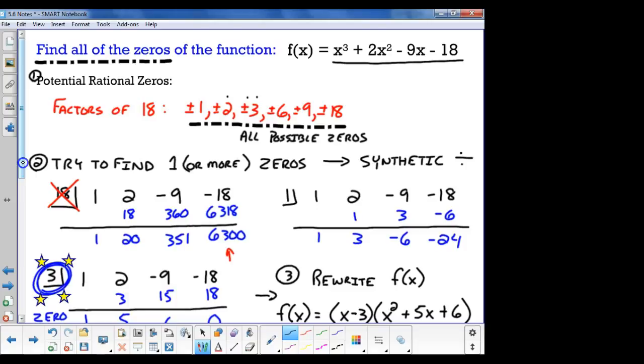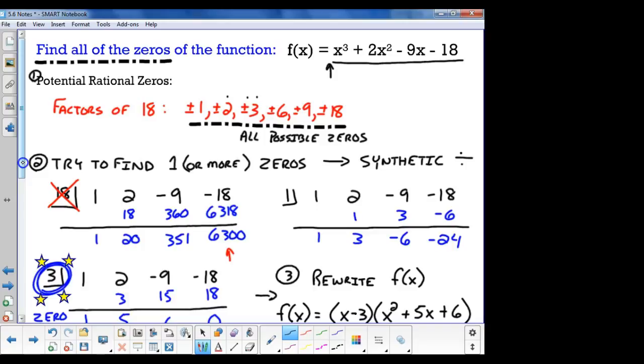So what happens when your lead coefficient has more than 1 or 2 factors? Then your list gets bigger. So your original list of possible zeros gets bigger. But in the end, if there would have been a number there, like let's say 6, then I would have had 1 and 2 and 3 and 6, right?